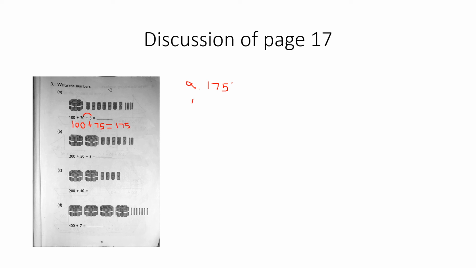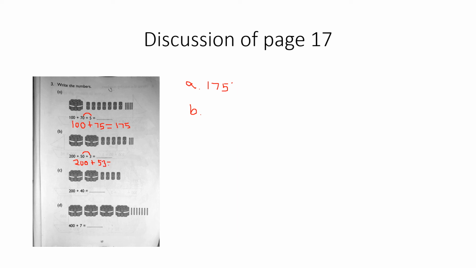Let's look at letter B. Oh, wait. Let me erase this. Okay, so let's look at letter B. In letter B, we have 200 plus 50 plus 3. So 200 plus, how much is 50 plus 3? That would be 53.